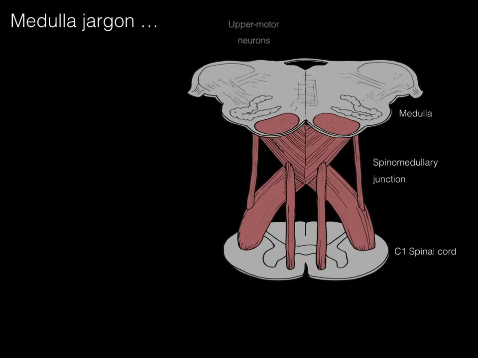And then we talk about these upper motor neurons. And they're called upper motor neurons because they start way up in the cerebral cortex, and then they descend. And what happens is this upper motor neuron courses in the pyramids of the medulla, but then somewhere near the bottom of the medulla into the spinomedullary junction, this decussation occurs. Decussation means a crossing over.